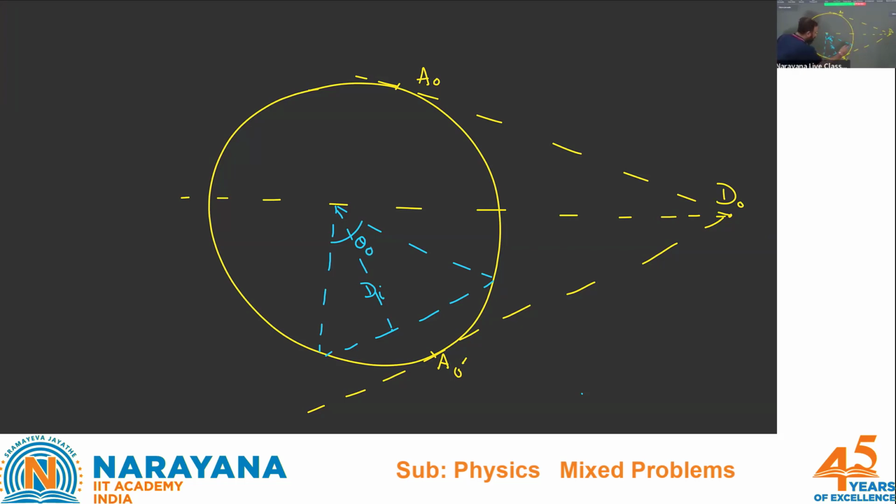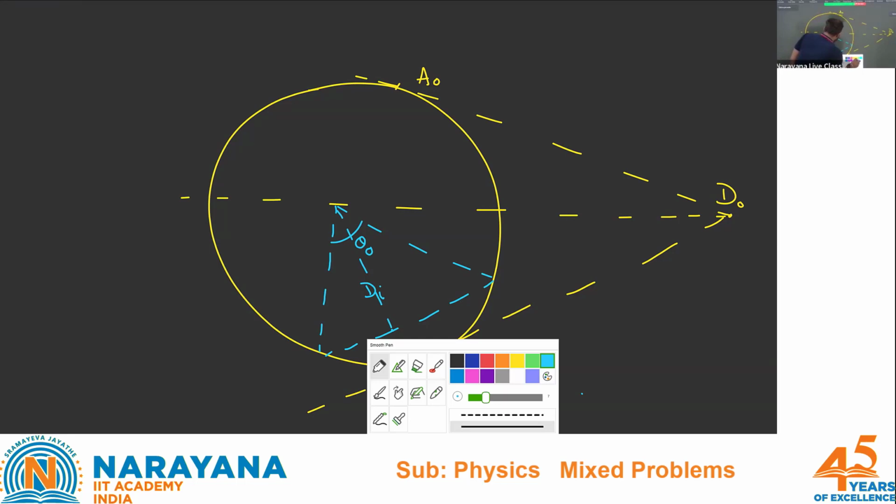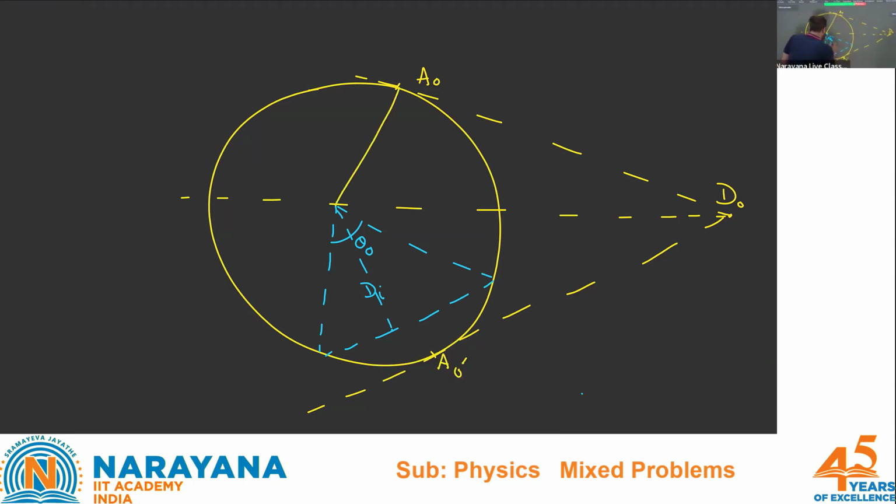यही कहा था, from this position to this position, and I was clear that in that span, the angle that he will subtend here and the second point, I mean that A naught prime wala point, that total angle is also theta. So if you want to draw this symmetrically, this point is there and that angle subtended is also theta naught.